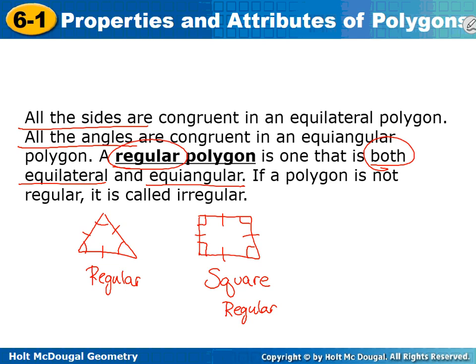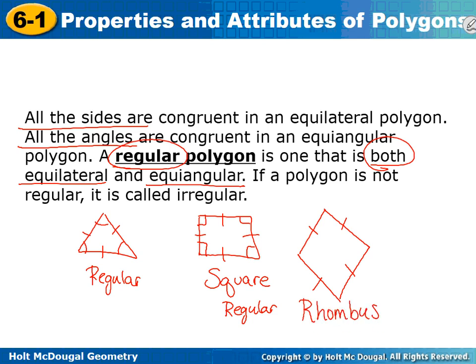What is the name of a 4-sided shape that has all equal sides? A rhombus. So be careful. In quadrilaterals, just because it's equilateral does not mean that it is also equiangular. That's only true for triangles. So a rhombus would not be regular.